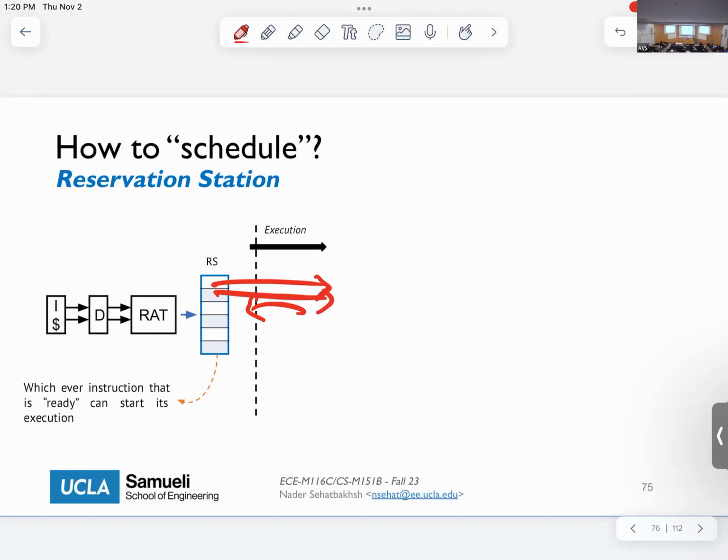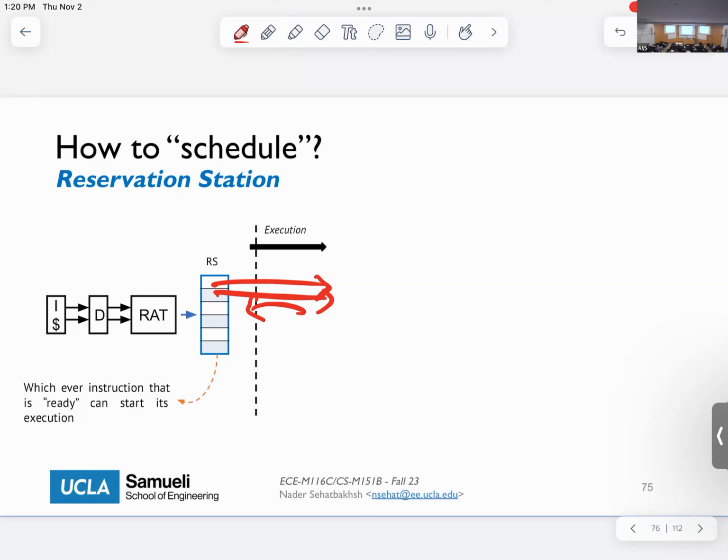Okay. So we put in this kind of lane or station, or pipeline stage or memory, whatever you want to call it, that decouples fetch and execution from each other. You fetch, you rename, and you put them into the reservation station.